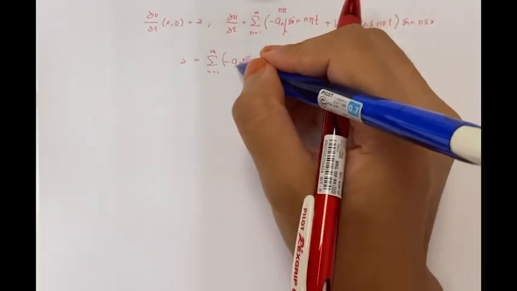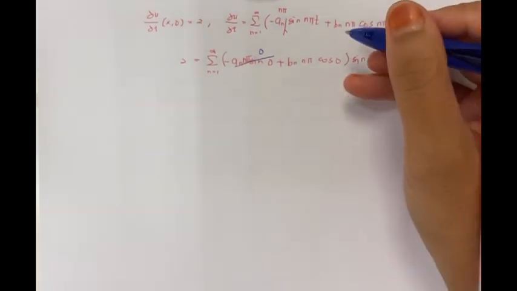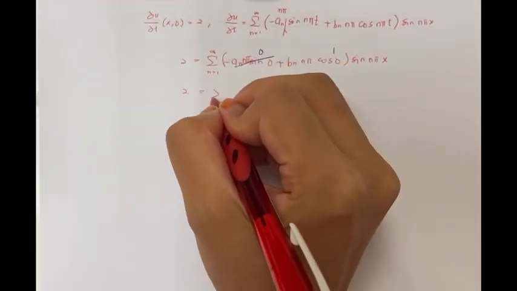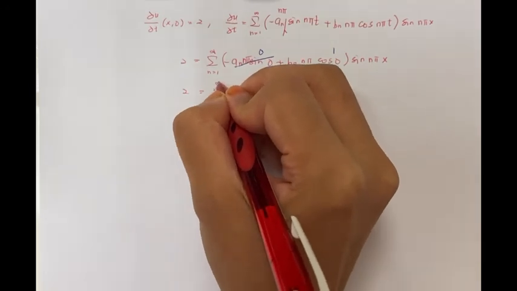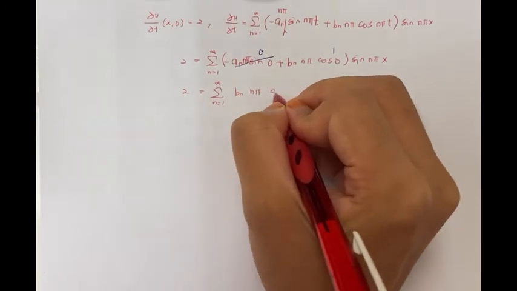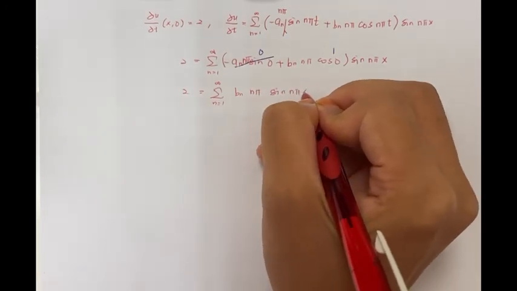Sin 0 is equal to 0, so this is equal to 0. Cos 0 is equal to 1. So 2 is equal to b_n n pi sin n pi x.